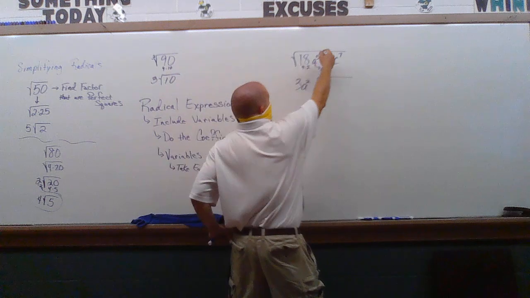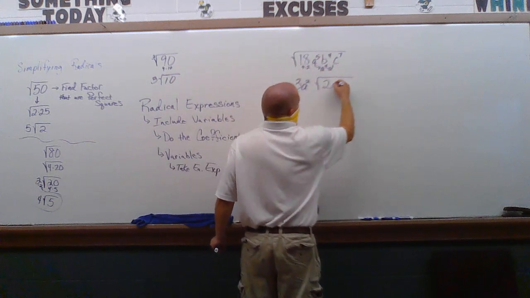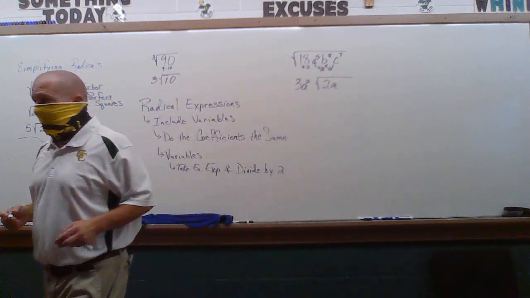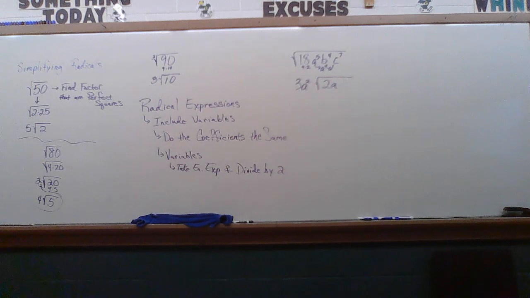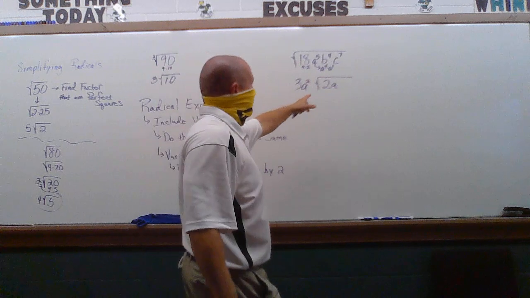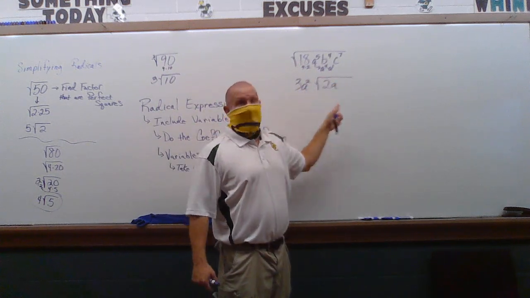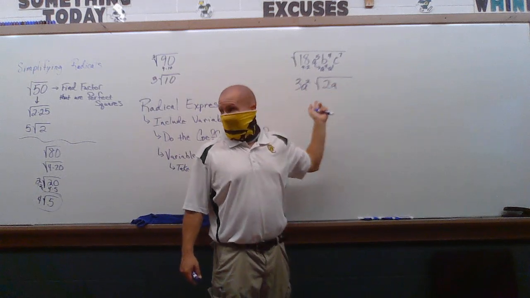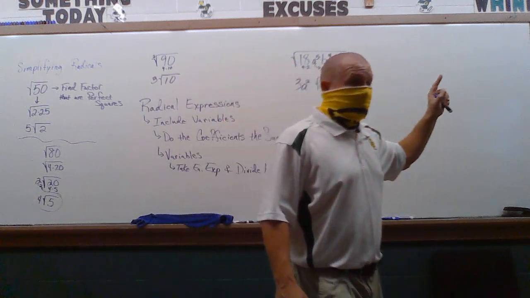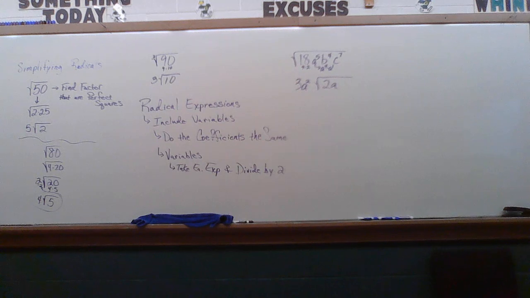And then because the original problem had an odd exponent, I'm going to have 1 left over on the inside. Whenever you have 1 left over on the inside, it cannot have an exponent greater than 1. Because if you had 2 here, you could take another one out. If you had 3 here, you could still take another one out. So the only exponent on your variables on the inside, underneath your radical, is going to be a 1.